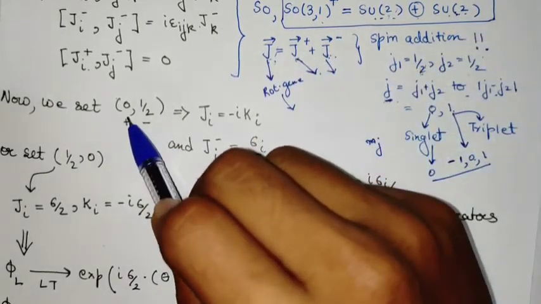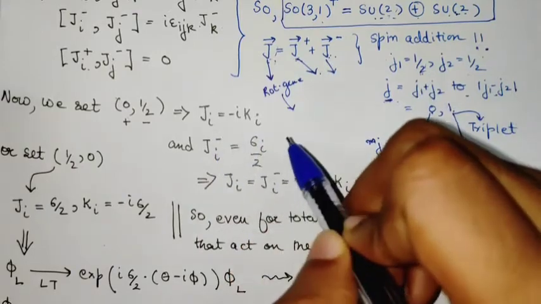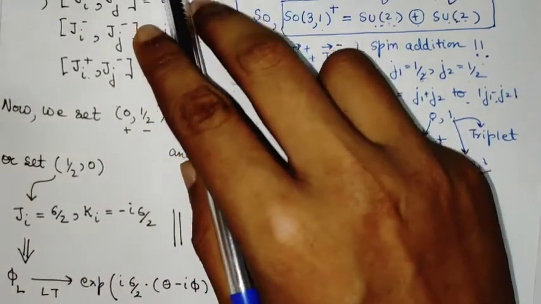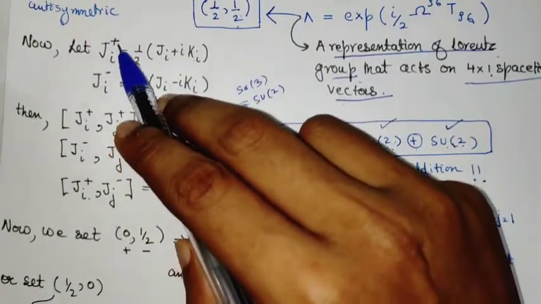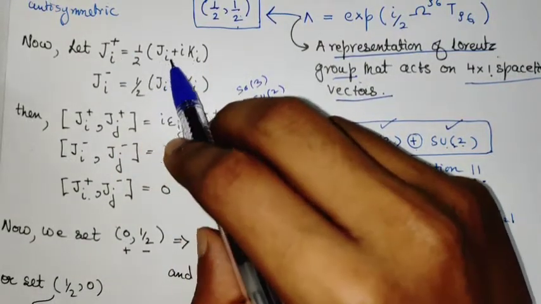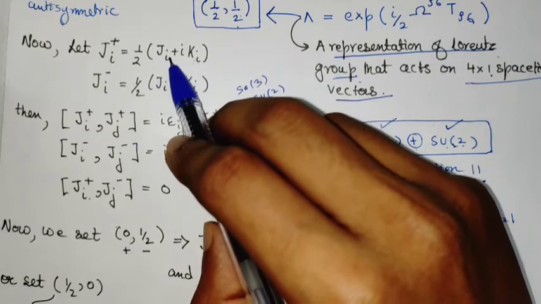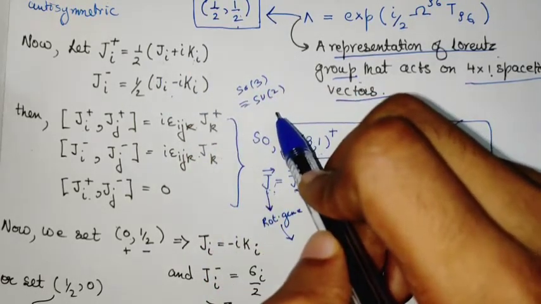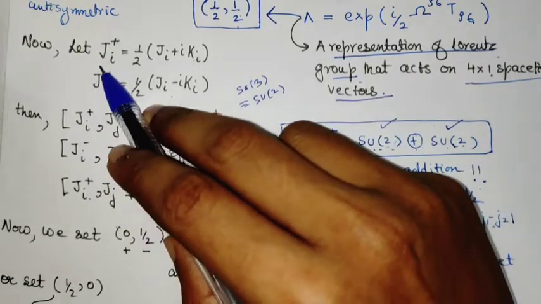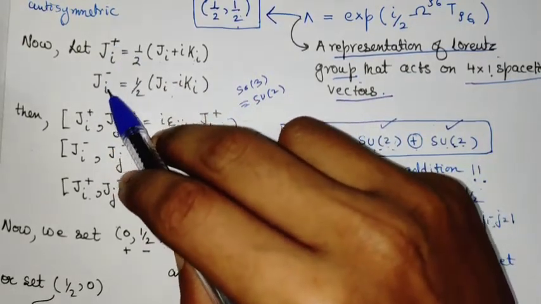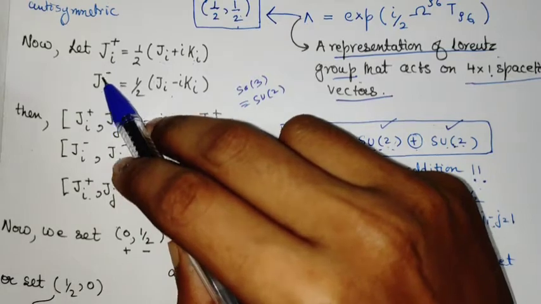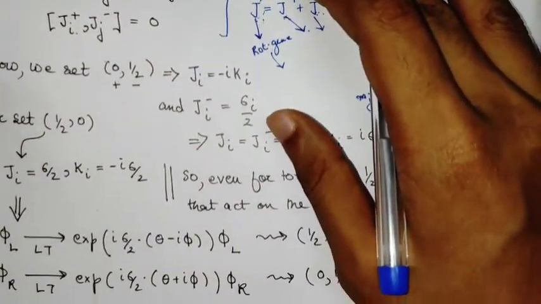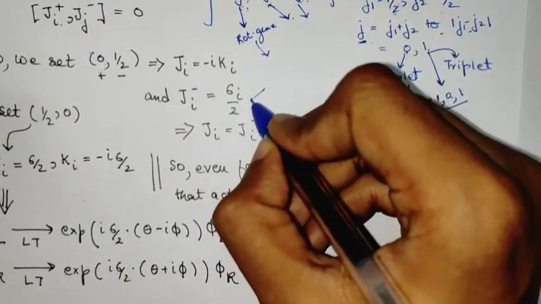So suppose J plus is put to 0. In this equation, if we put J plus 0, then you will get J_i equal to minus i K_i. And further this J minus, if J plus is 0, is just remaining, and because this is an SU2 algebra element, we can write this particular thing.